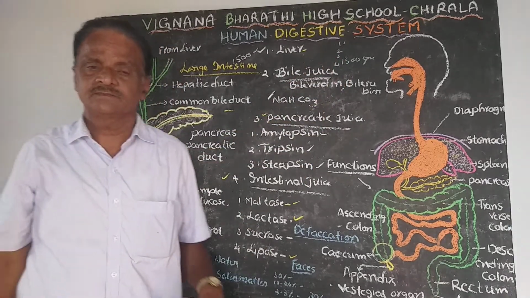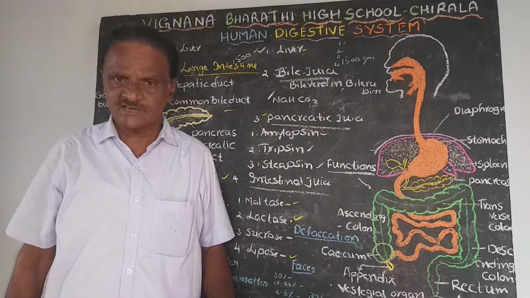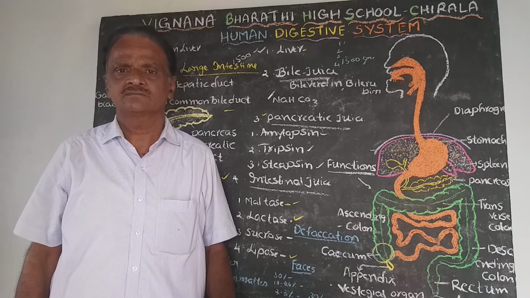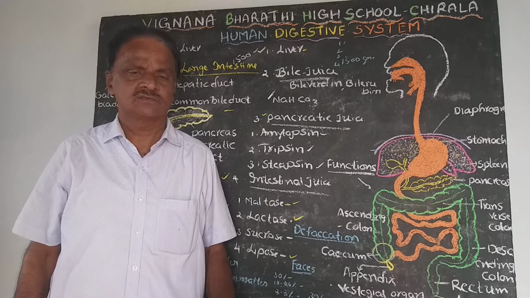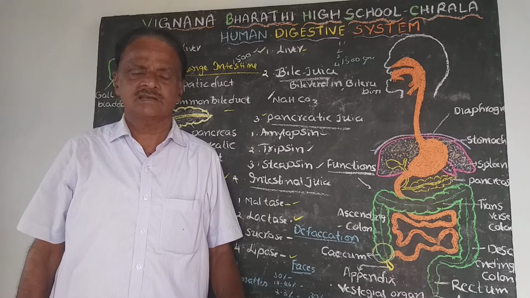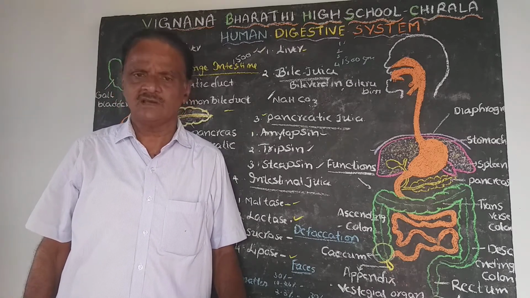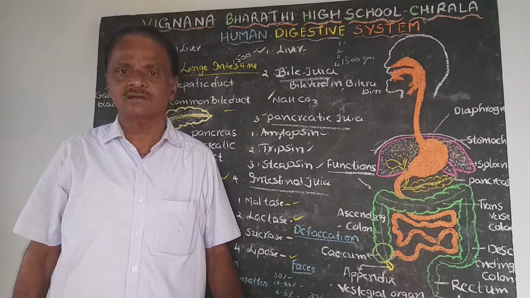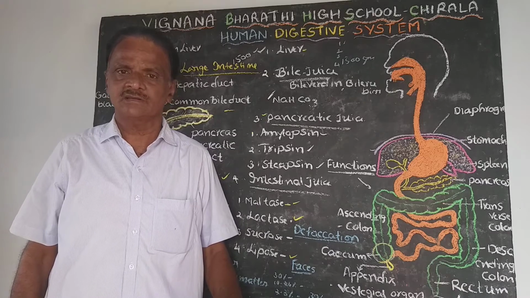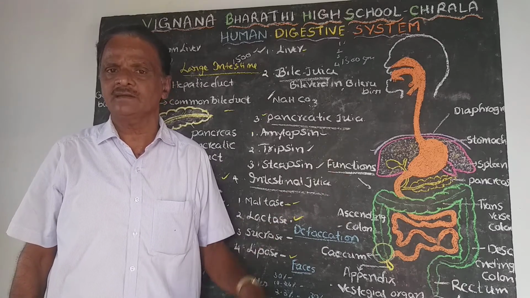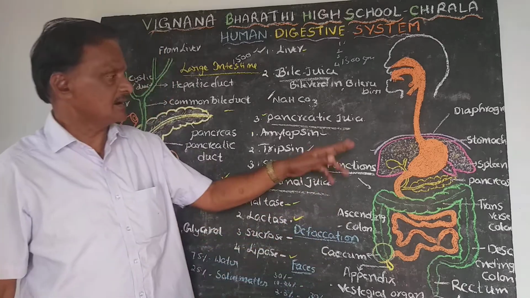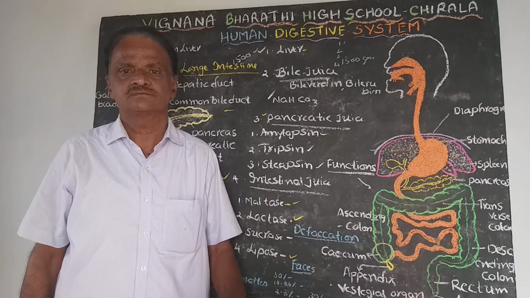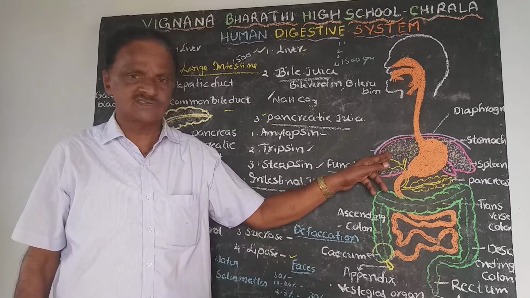Fourth point, it produces fibrinogen and prothrombin, which are used for blood clotting. Next, it produces heparin. It regulates blood volume.